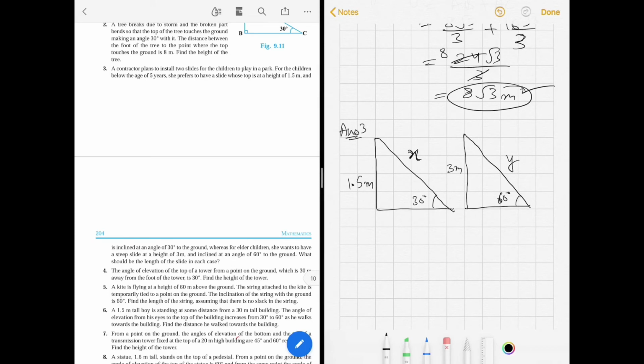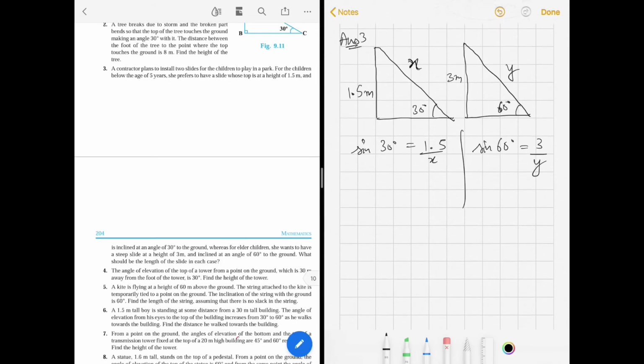So in both the cases, perpendicular is given, hypotenuse is unknown. So we'll use sine. So sine 30 degrees, that would be perpendicular upon hypotenuse. Similarly, sine 60 degrees, that would be perpendicular, 3 meters, upon hypotenuse.